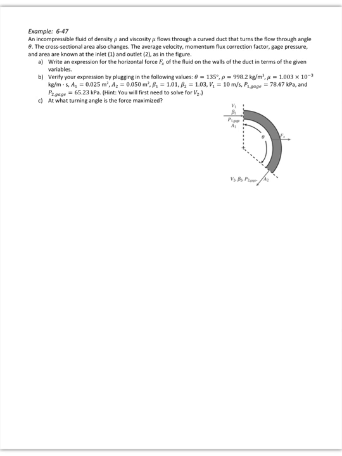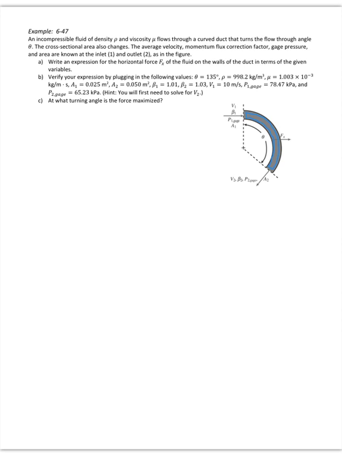Okay, so first step, define a control volume. I'm going to define my control volume as the fluid inside this duct. The problem is asking for F sub x, the force of the fluid on the walls of the duct. If I define my control volume this way, I will be able to isolate that force term, as I'll show.